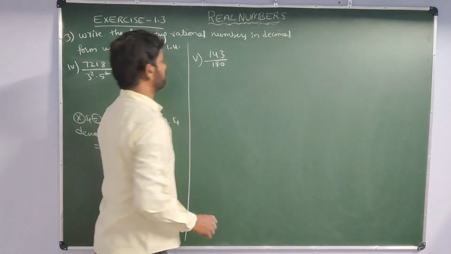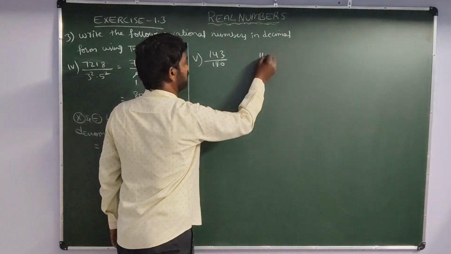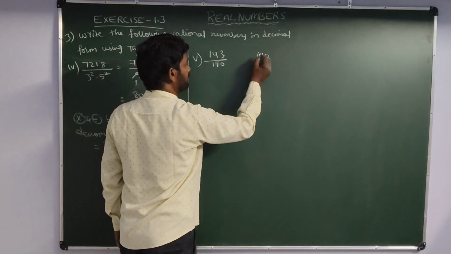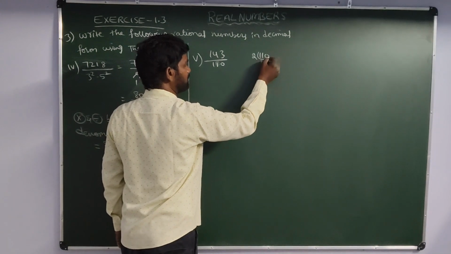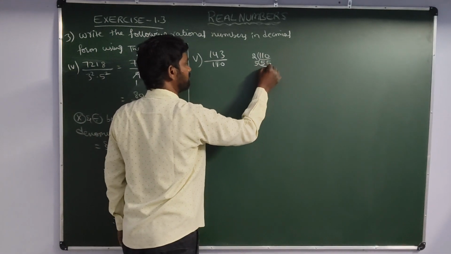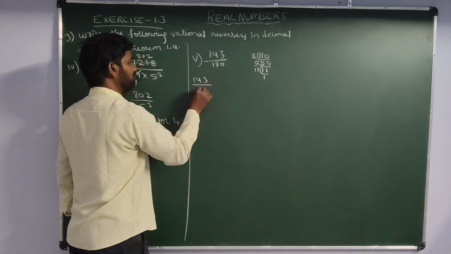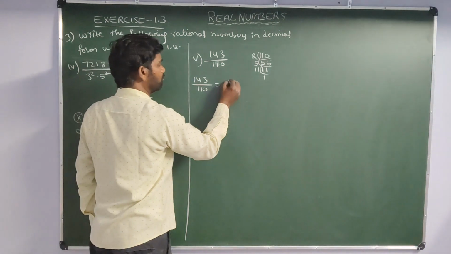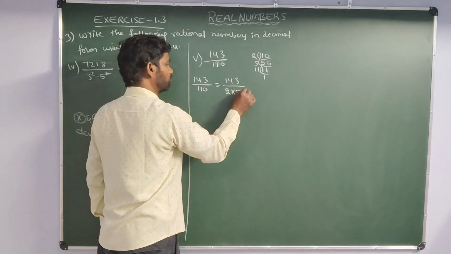Next, fifth question, 143 divided by 110. Take the denominator 110 and find its prime factors. 2 5s are 10, 1 remains, 10, 2 5s are 10. Next, 5 1s are 5, 11 1s are 11. 143 divided by 110 is equal to 143 divided by 2 into 5 into 11.